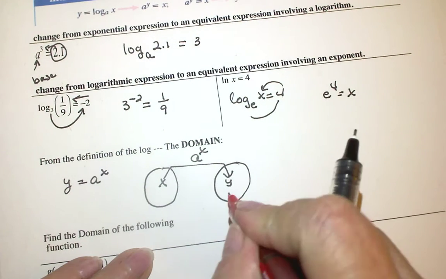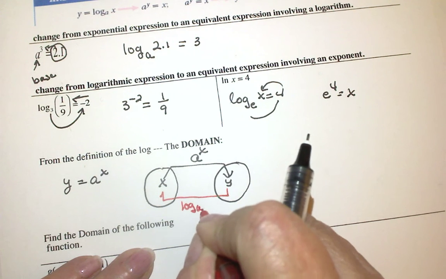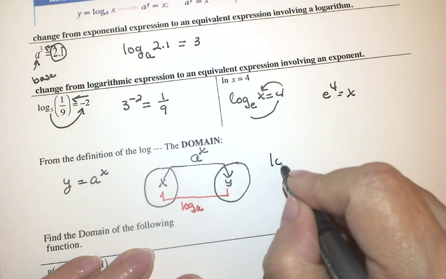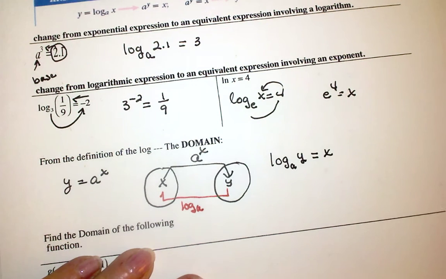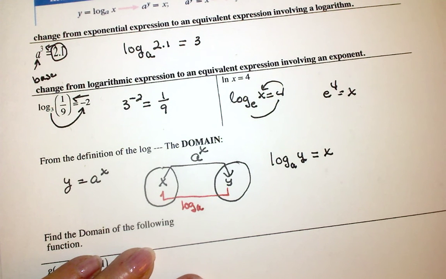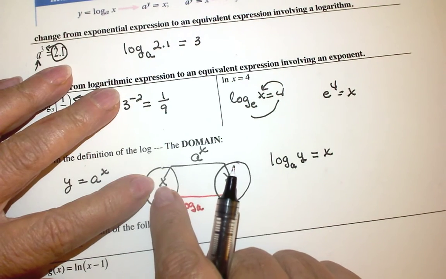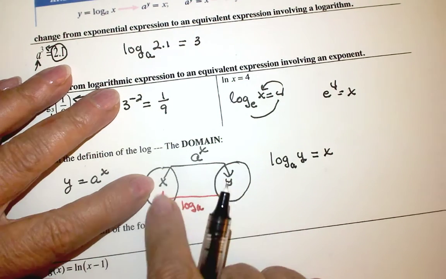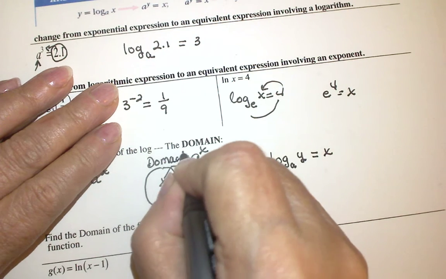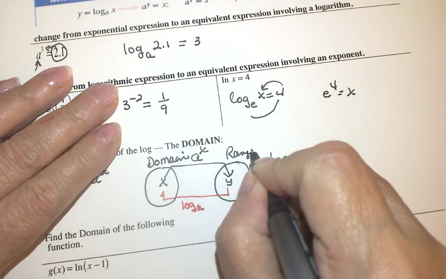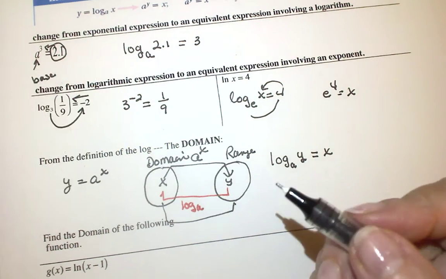Now what the logarithm does, in this case log base a, picks up y values and returns them to x values. So the exponential takes it from the domain to the range, y value. The log brings it back.